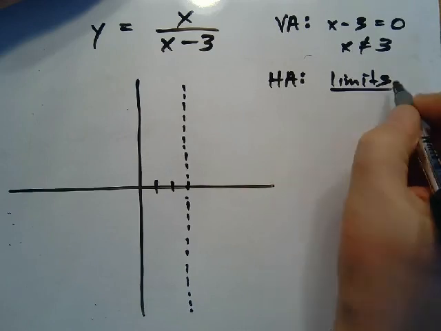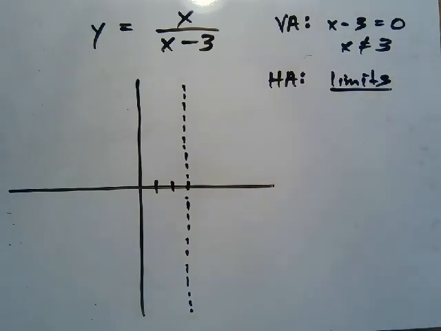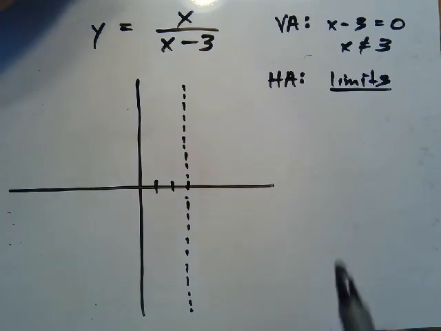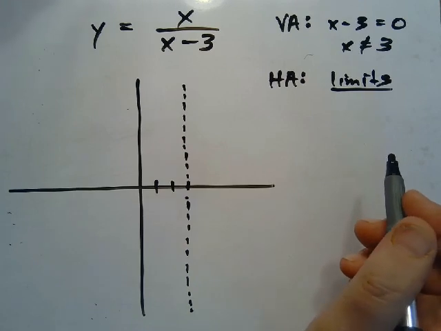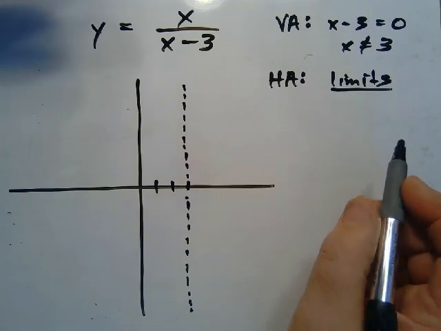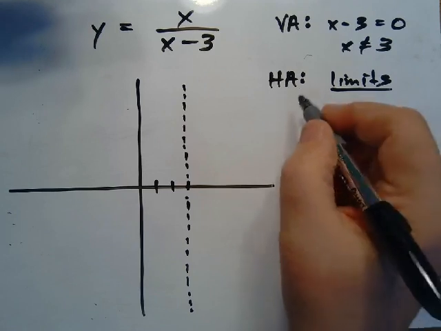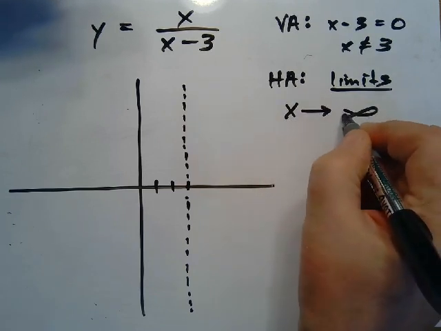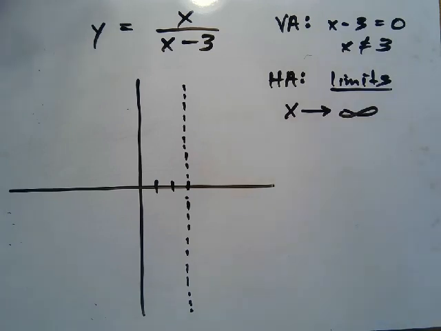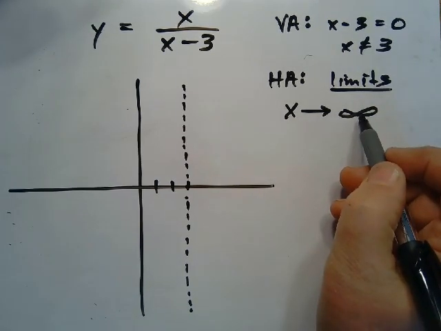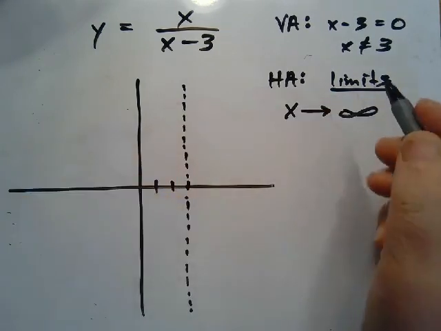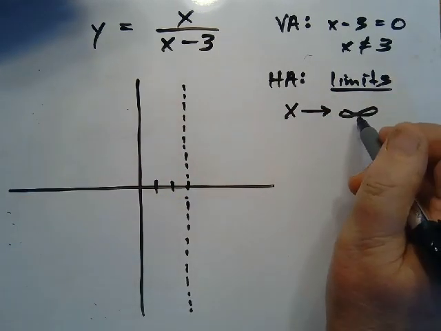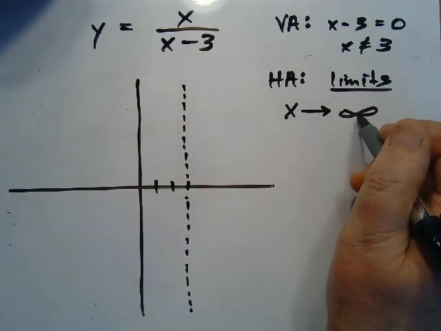And limits is a way of discussing, you're going to do this in pre-calculus and also a lot in calculus, what happens as a number gets very, very big, as it approaches infinity. In other words, as x approaches infinity, and that's the symbolism that you see oftentimes, as x gets very big or very small negatively, what's going to happen to the y part of the equation?